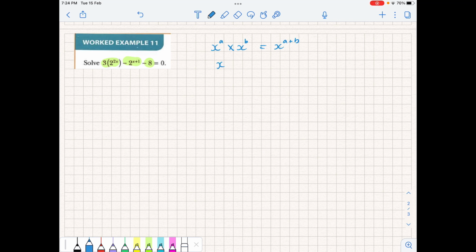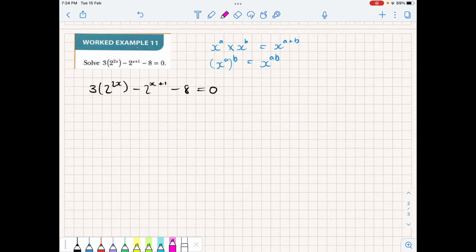Alternatively, if we think about a power that's been raised by another power, that can be simplified as with multiplication, a times b. So in our example here, let's take this equation: 3 times 2 to the power of 2x minus 2 to the power of x plus 1 minus 8 equal to 0.